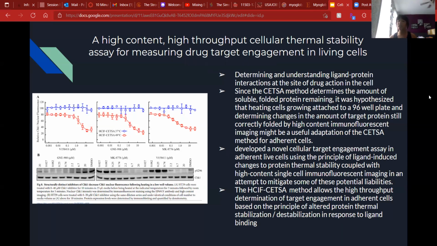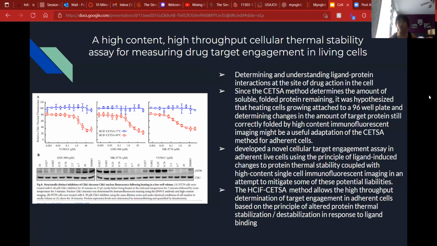for adherent cells. So basically what they did is they took the CETSA method that already exists and they combined it with immunofluorescent imaging to make it easier to visually see these proteins within the cells and the tissues. And the reason this is important is because a component of small molecule drug discovery is determining and understanding ligand protein interactions at the site of drug action in the cell.